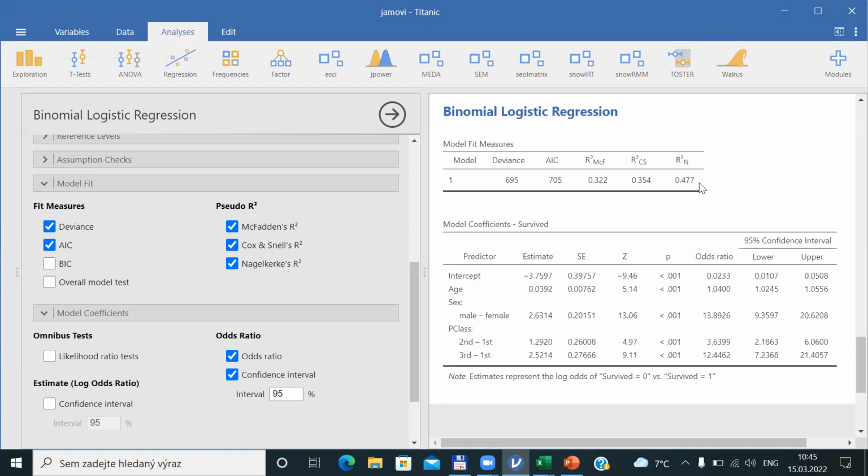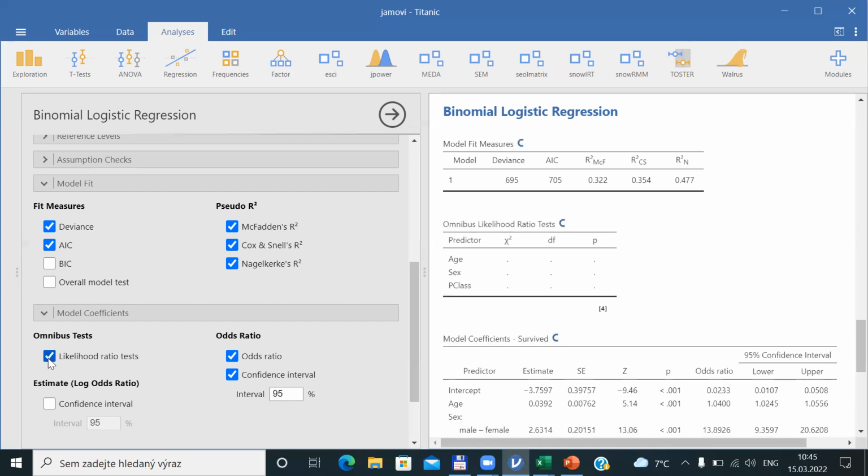And the last thing I would like to cover today is the so-called likelihood ratio test. So if you go to model coefficients, to me the last option, which is not checked currently, you would get a new table, which would be evaluating by the so-called likelihood ratio test the statistical significance of individual predictors.